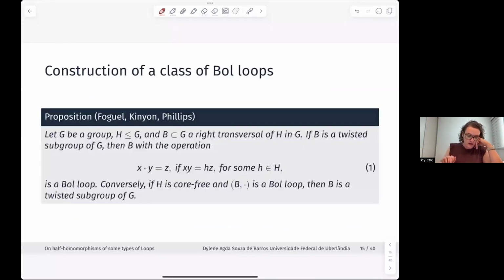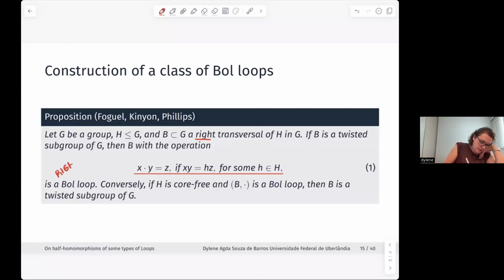Okay. To construct the class of Bol loops that we are dealing with, we are using this proposition from Foguel, Michael Kinyon, and J.D. Phillips. So let G be a group, H a subgroup of G, and B a right transversal of H in G. And we are supposing that B is a twisted subgroup of G, then B with this operation is a Bol loop, a right Bol loop.